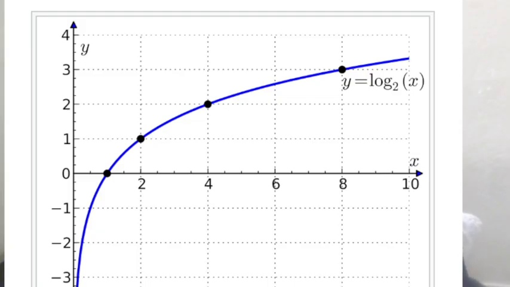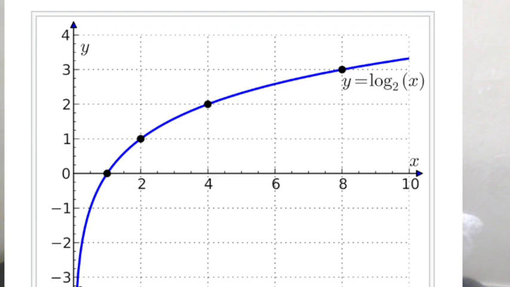Y never equals 0. There is no 0 for the result of a log base 2 of x. So log to the base 2 of x cannot equal 0. So y cannot equal 0. So this graph actually proves that because it's asymptotic to the y-axis.